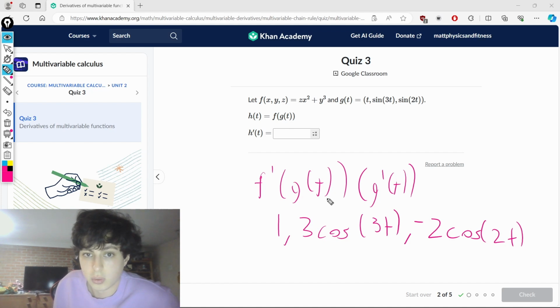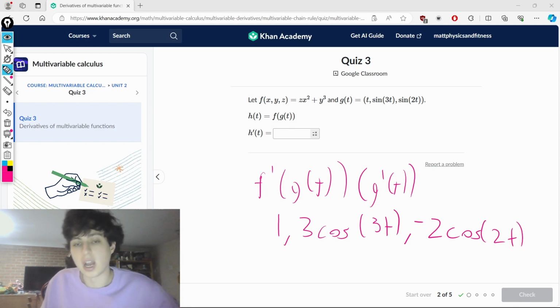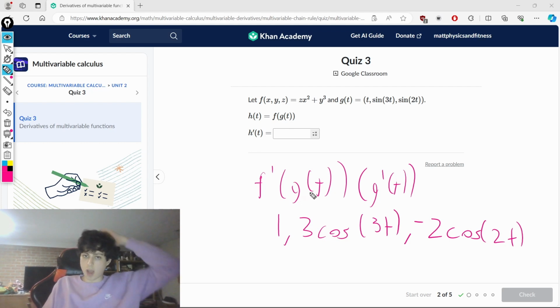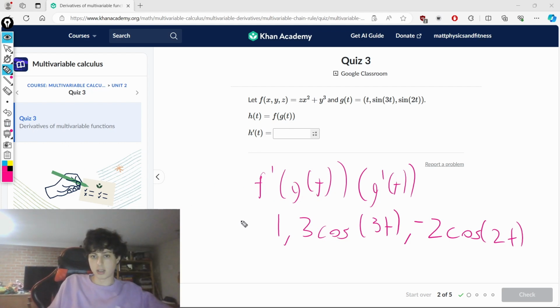Oh, I made a mistake. This is just g prime of t. I just did g prime of t, didn't I? So that's actually this term right here, not this term. Let's save that, and maybe I'll write it a little smaller so I can erase everything else. g prime of t equals (1, 3 cosine 3t, 2 cosine 2t).